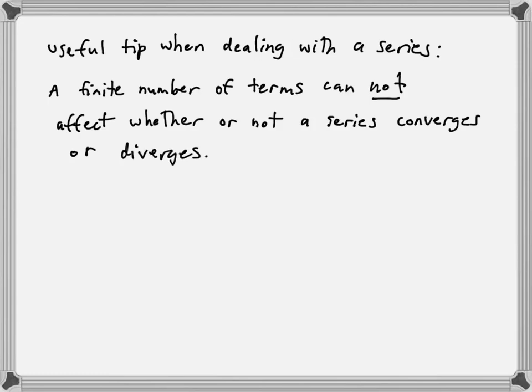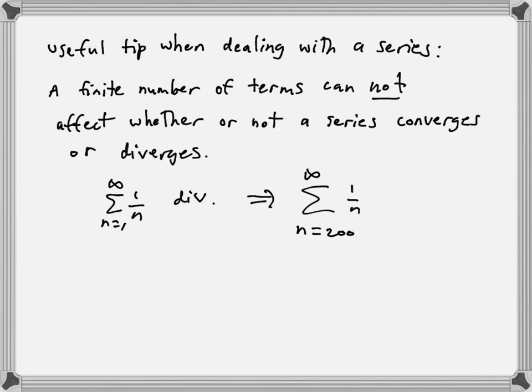What does this mean? Well, this means, for example, remember we looked at this series. This guy diverges, right? What happens if I were to instead start at the 200th term? I mean, I'm taking away the first 200 terms. Does that mean that maybe now it converges? No, it still diverges. It doesn't matter how many terms you subtract away or add in, your series, the behavior will not change, because what's causing it to converge or diverge has nothing to do with what happens at the beginning.